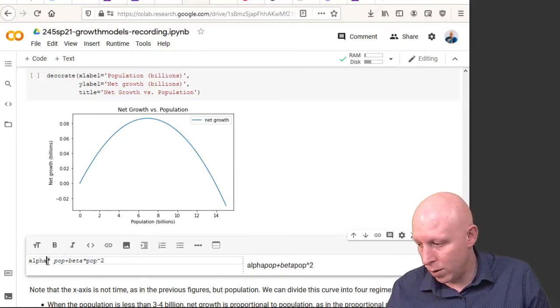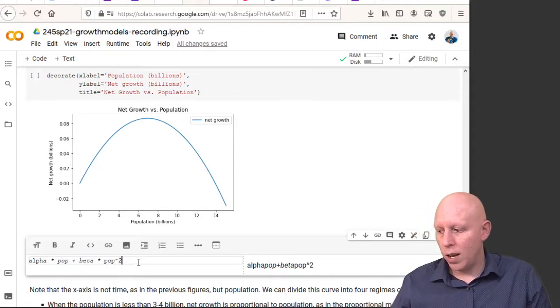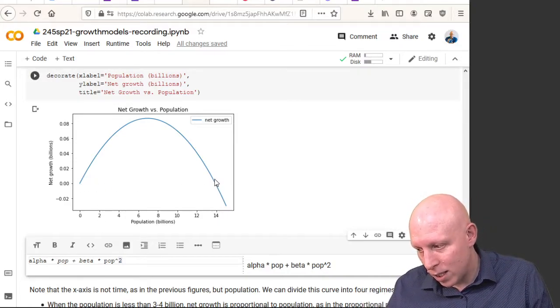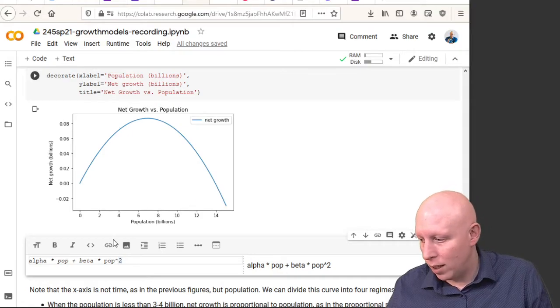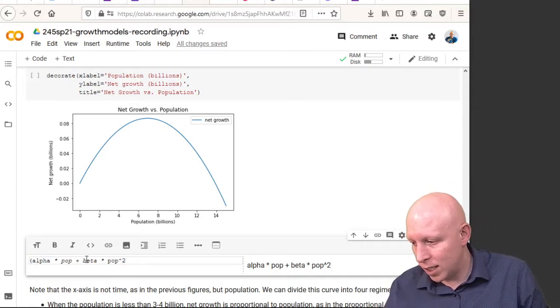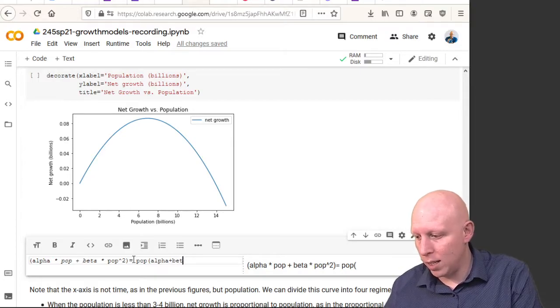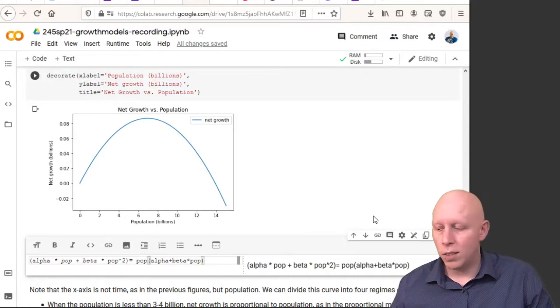Okay, and so when you take this and you factor it, if we're going to figure out where it hits 0 net growth again, you can factor out population times alpha plus beta times the population. So we factored out population.